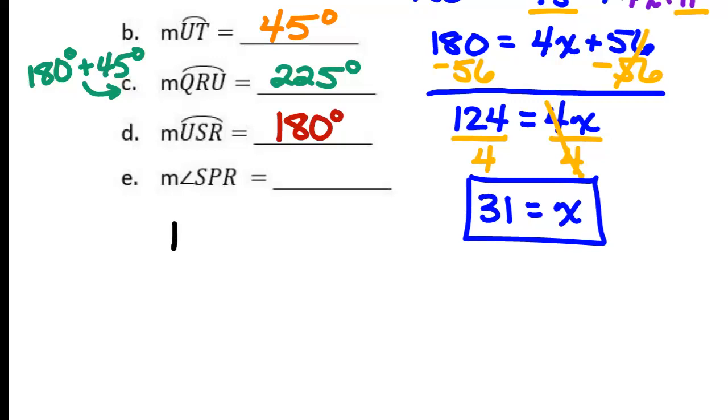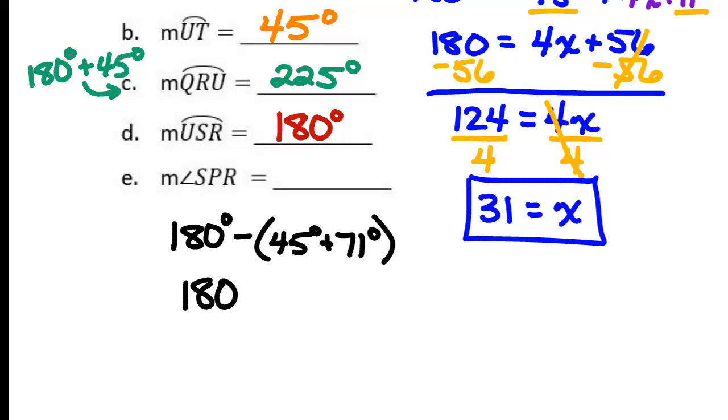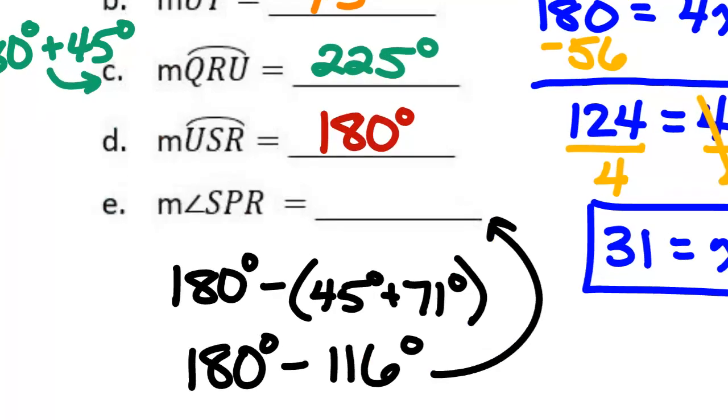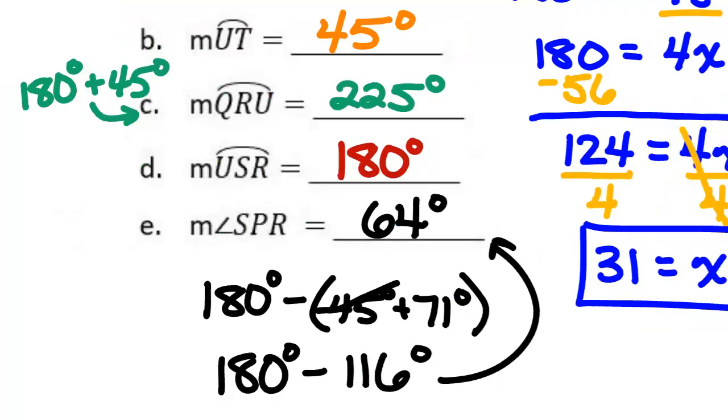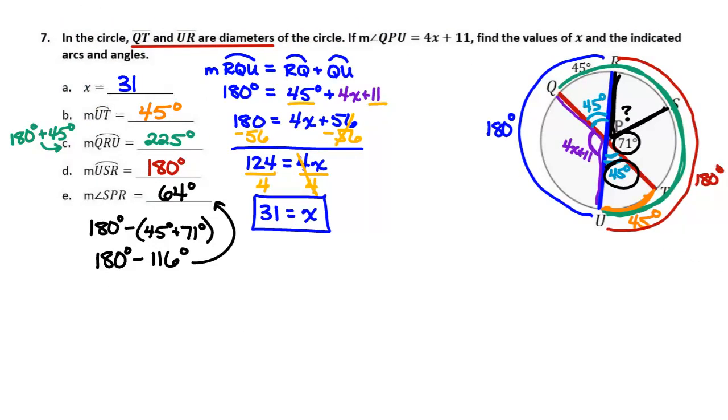Subtract it from 180, yes. So 180 minus 45 plus 71. What is 45 plus 71? 116. And 180 minus 116? 64. Nicely done.